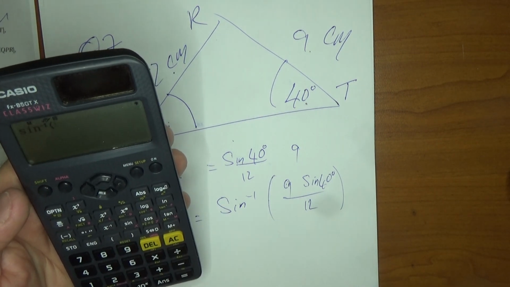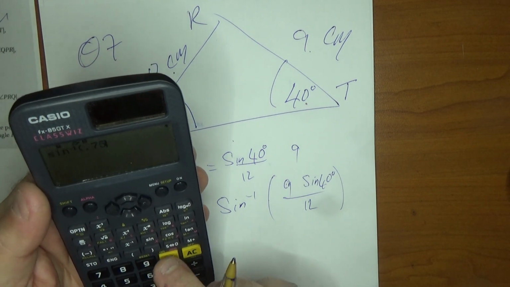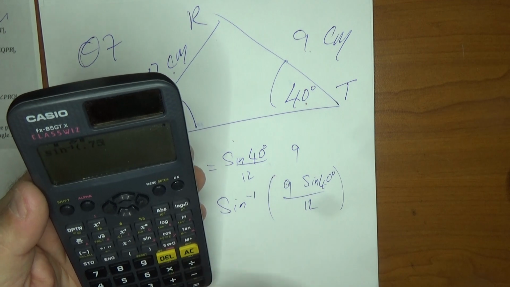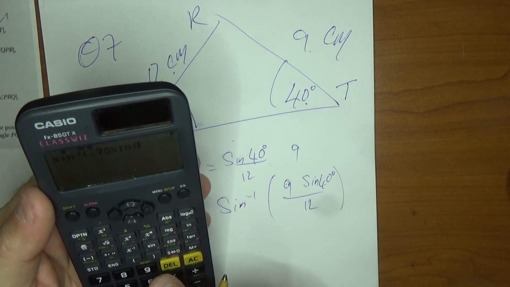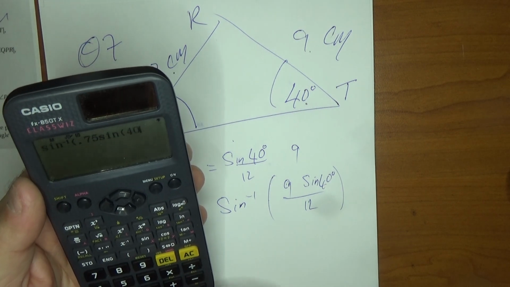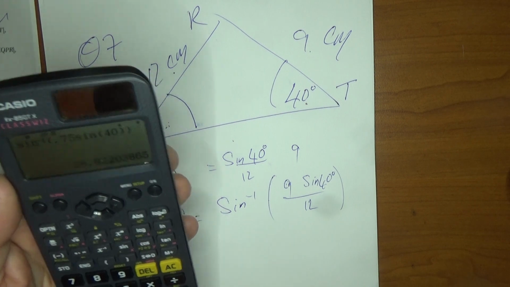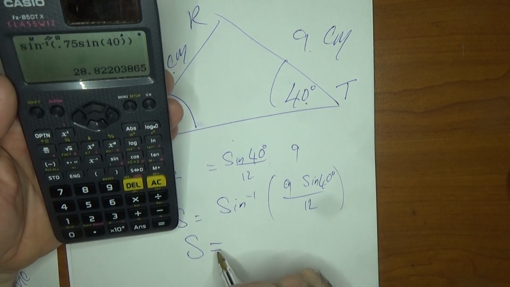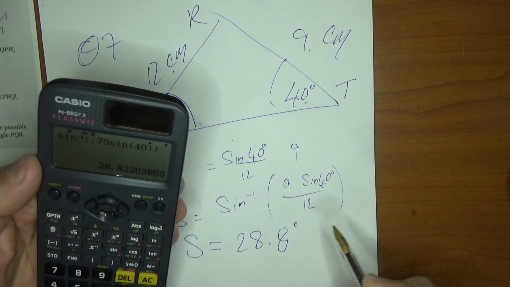You can write it all in if you like, but I'll just say 0.75 times the sine of 40, let's gamble it, I think it will let me do that. Okay, and it tells me S equals 28.8 degrees.